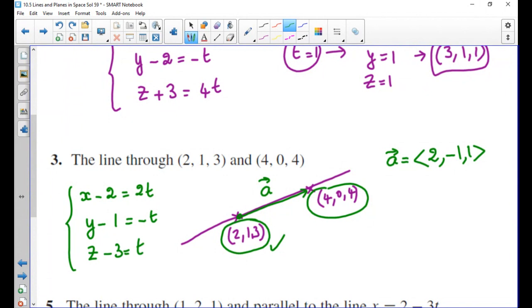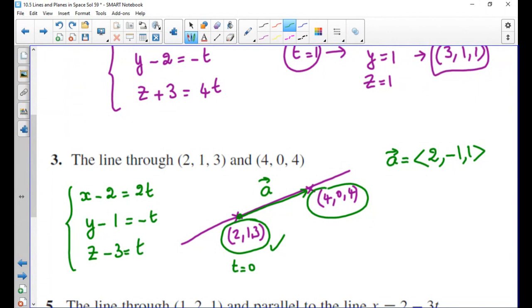And because we chose this point, 2, 1, 3, if you put t equals 0 in the equation, you will get exactly that point you used.